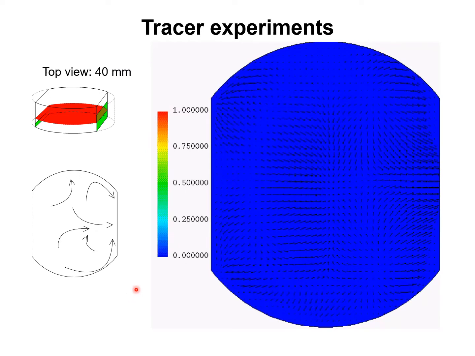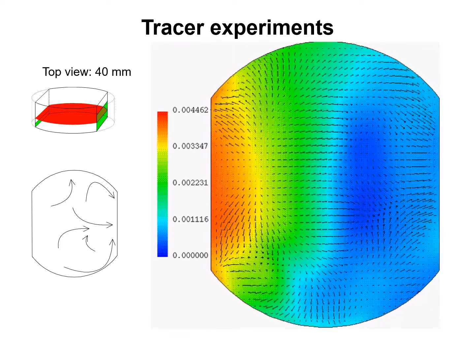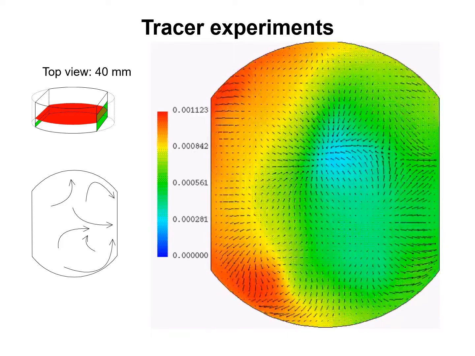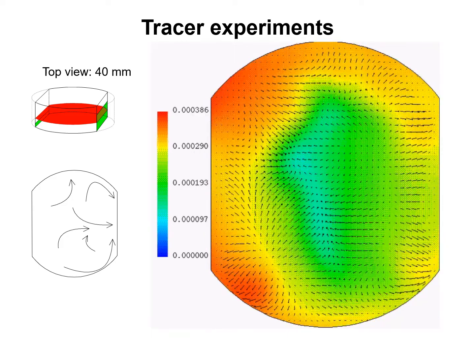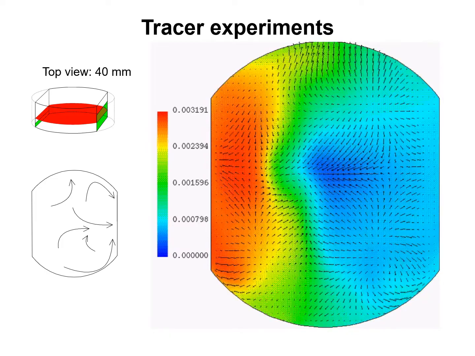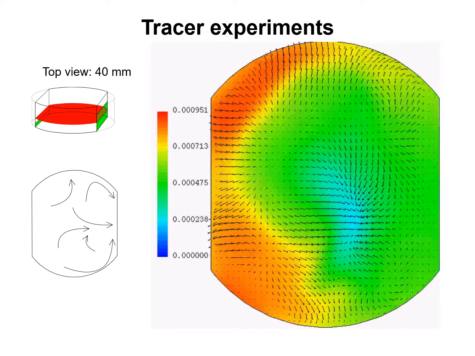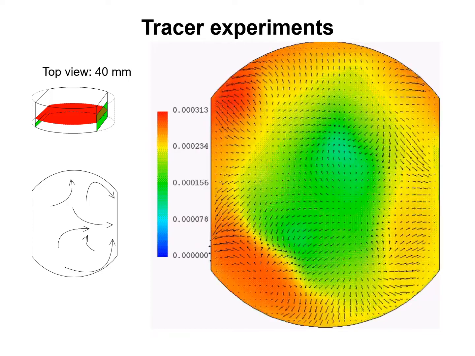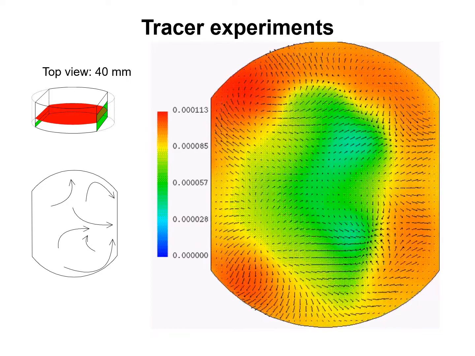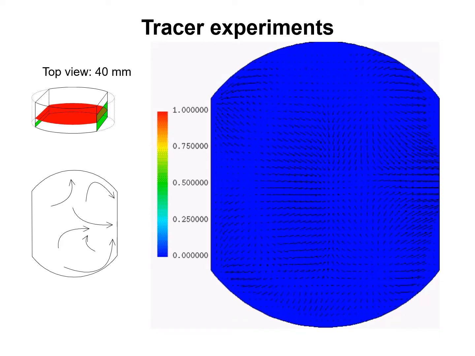We now view the tracer development from the top at a distance 4 centimeters from the bottom, at this position indicated red. Let's start the tracer injection. Red is at the left, and it disperses across the tray.